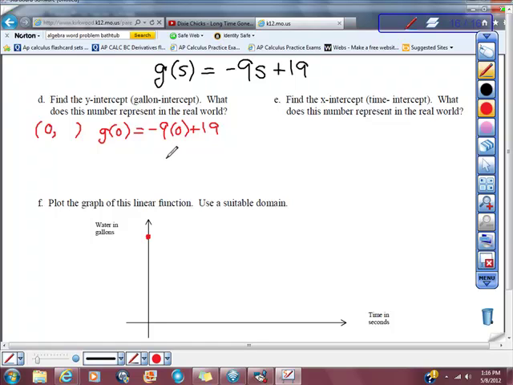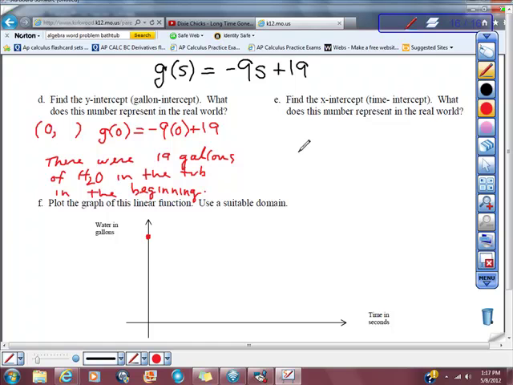That before we pulled the plug, time is 0 for us. Before we started, there were 19 gallons of H2O in the tub in the beginning. In the beginning, there was 19 gallons of water.